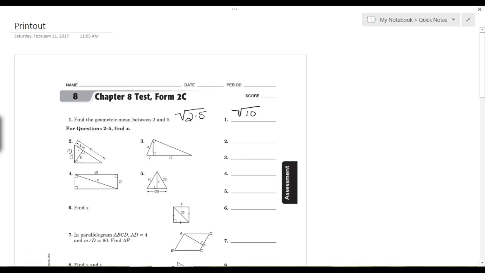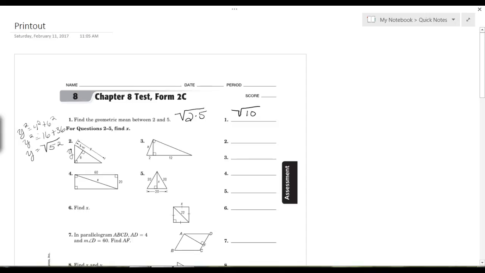And because I have the two other sides of my small triangle, this 4 and 6, I can find y using the Pythagorean theorem. So y squared equals 4 squared plus 6 squared. y squared equals 16 plus 36. So y equals the square root of 52.